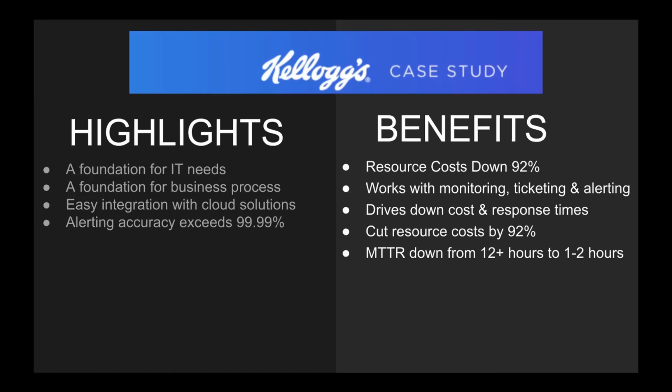Their alerting efficiency or accuracy exceeds 99.99%. That becomes really important to make sure that you're not notifying the wrong people. An important aspect of this is that you just notify the real people that you need and leave everyone else alone so they can continue doing their work.